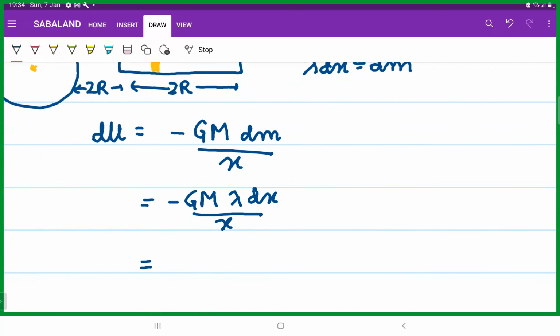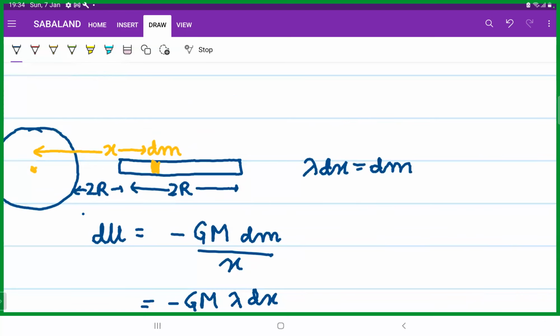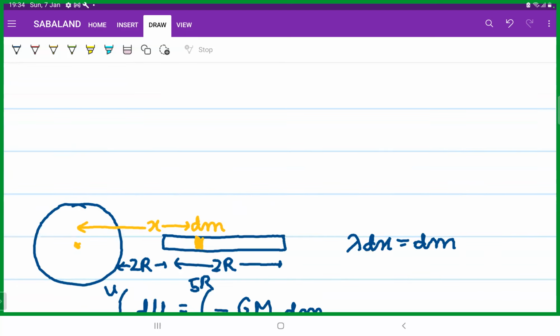We are now going to integrate this. dU we can integrate from 0 to U, while x we will be integrating from 3r to 5r. Why? Because from the center of the sphere, this distance is equal to 3r, and this distance is equal to 5r.